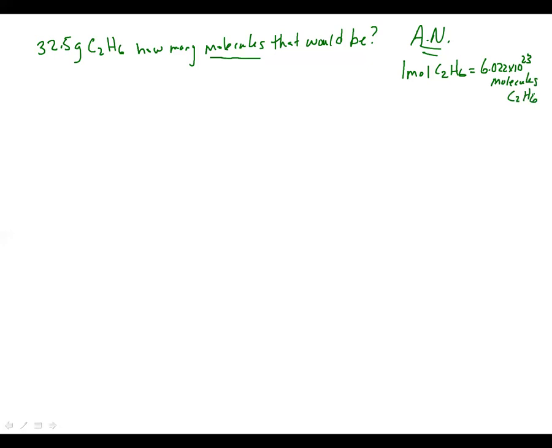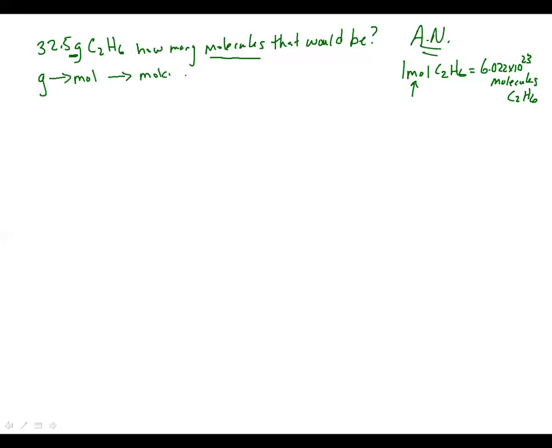They're sharing electrons, so it is a molecule, not just an atom by itself. But in order to use that, we have to get the units into moles to begin with. We are starting with units of grams, so before we could do this calculation, we need to go from grams to moles first. And then we're going to go from moles to molecules.